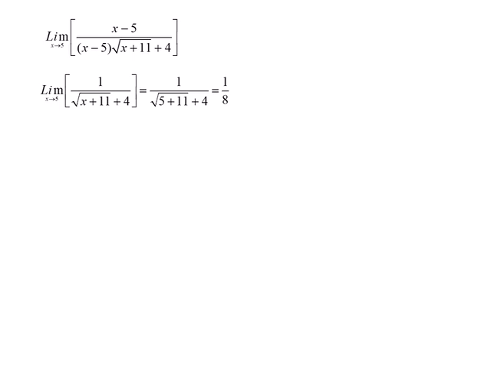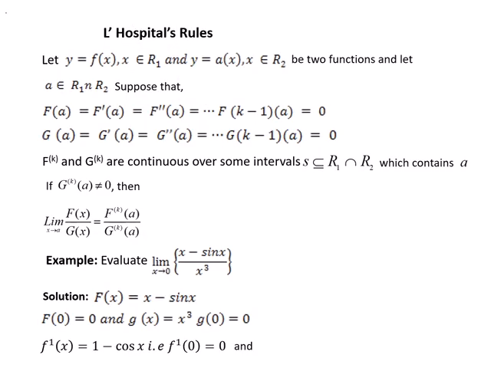It is 4. Then we have 1 over 4 plus 4, which is equal to 1 over 8. So that is the answer there, and you see that the limit exists. Next we move to the method of L'Hopital's rule.